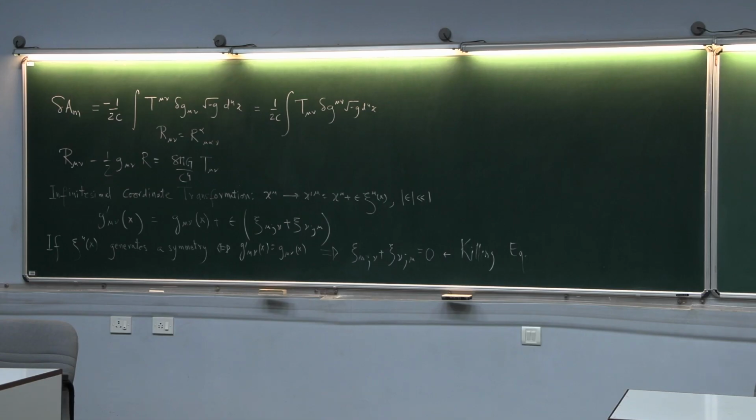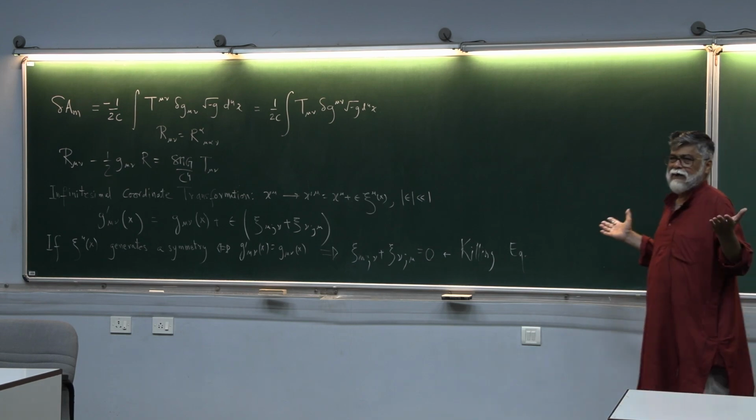Now we all know that if you have a test particle freely falling, then the test particle's free fall is described by the geodesic equation, and the geodesic equation can be cast in many forms. One of the forms that probably Bhaswati did was that if x mu is parameterized by lambda as it is falling, then it satisfies d2x mu by d lambda squared plus gamma mu alpha beta dx alpha by d lambda dx beta by d lambda equals 0. That's the geodesic equation.